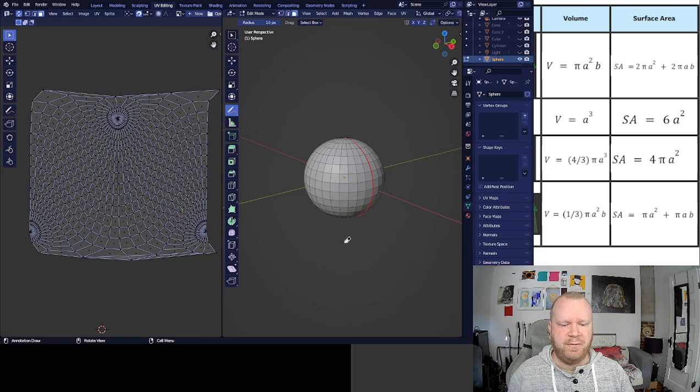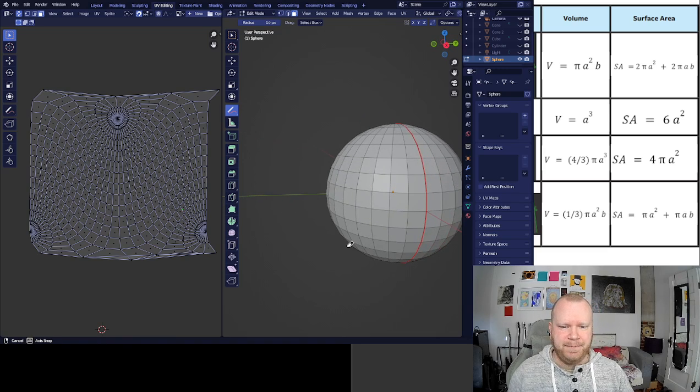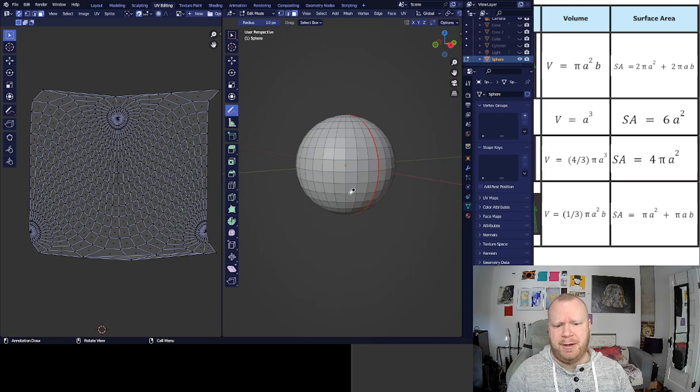One that I'm not going to be able to do that with is the sphere. So you'll be provided with both of these formulas for volume and surface area. I've made some attempt here to flatten this out, but if you picture taking an orange and trying to take that peel off of it and flattening it out, you're going to need to make a lot of tears, and getting it into one piece is going to be very difficult.